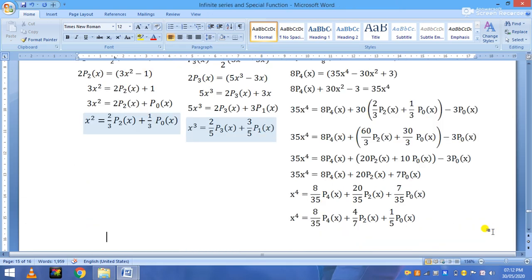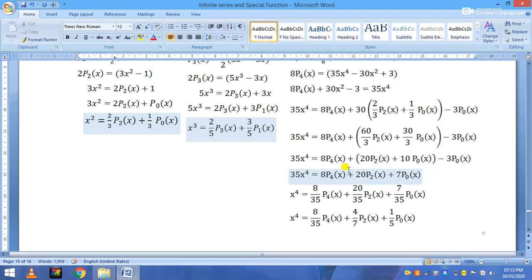Next simplify this term: 35 x raised to 4 equals 8 P4 plus 30 into 2, 60 by 3 into P2, plus 30 by 3 into P0 minus 3 P0 of x. On simplifying we get 35 x raised to 4 equals 8 P4 of x plus 20 P2 of x plus 10 P0 minus 3 P0.